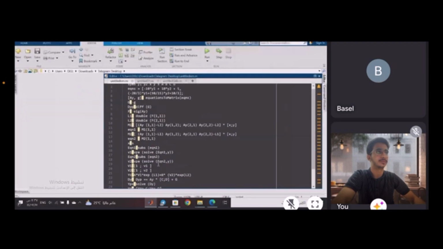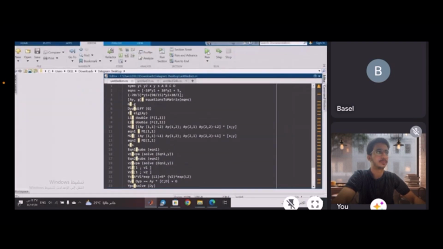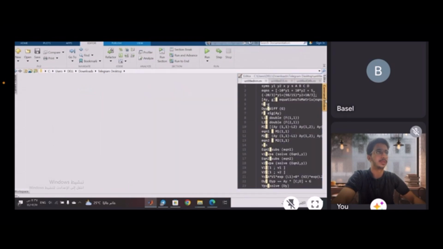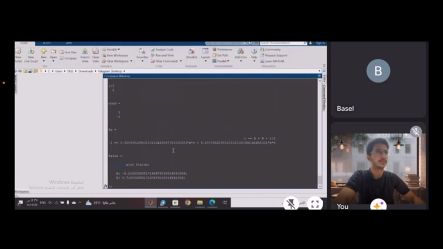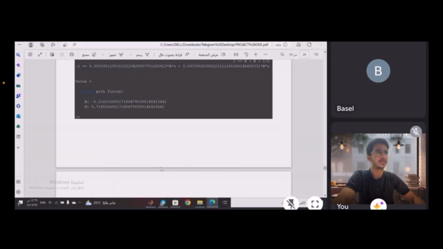And when we use MATLAB, we have to run this, and we will get this answer. So this is all for question 3.